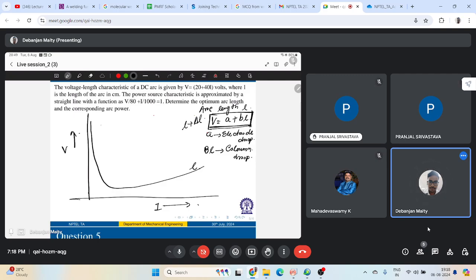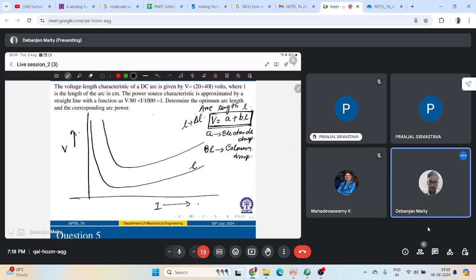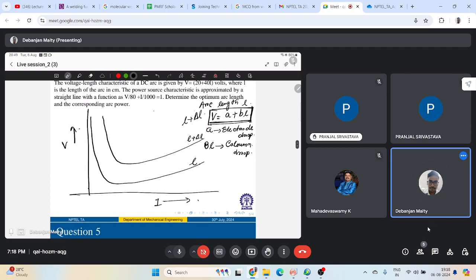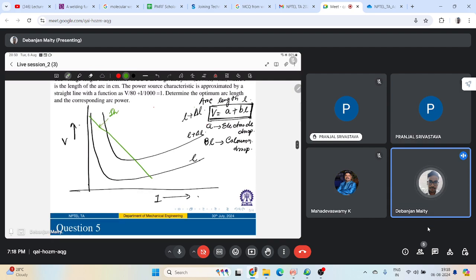One is this, another is this. This one is called the sharp drooping characteristic of the power source, and this is called the flat characteristic of the power source.